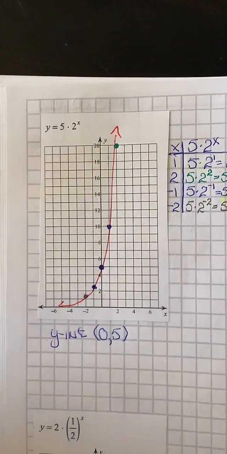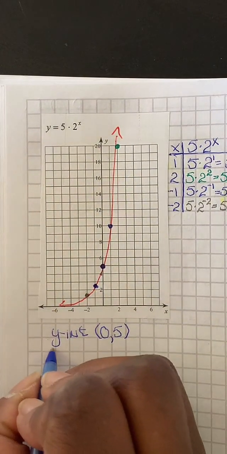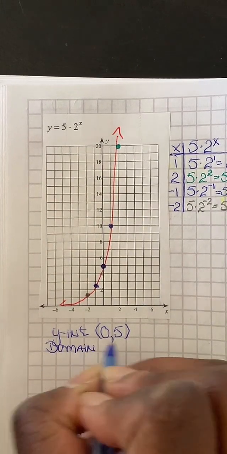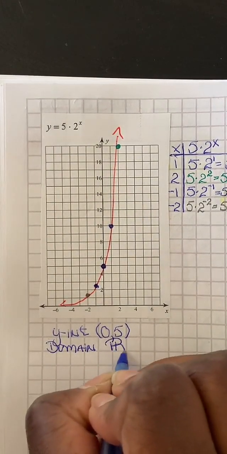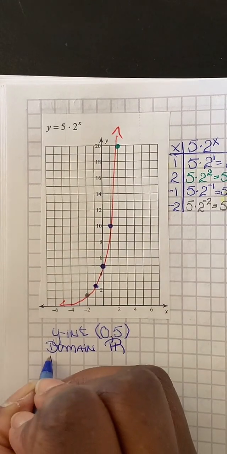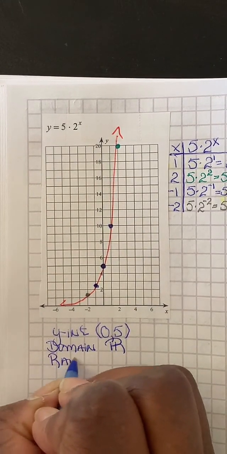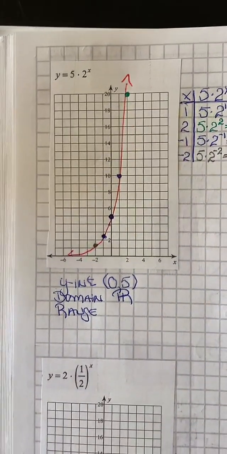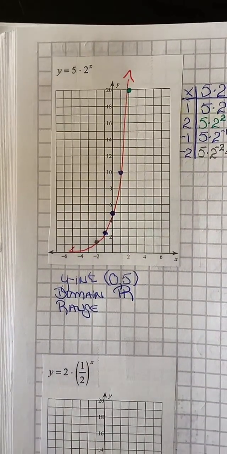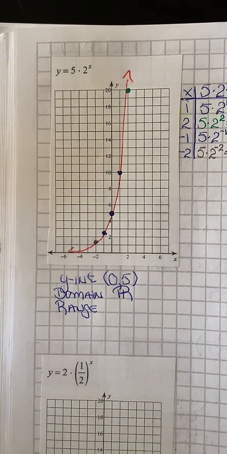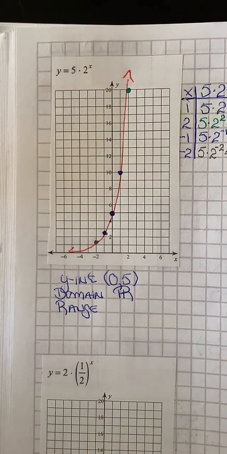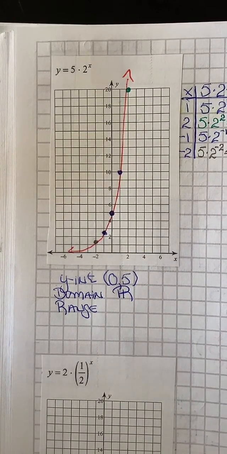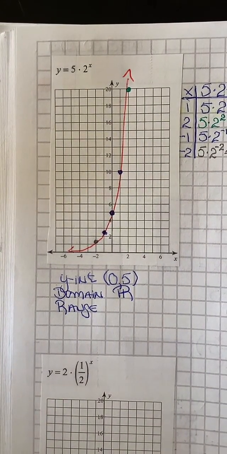So we know that my domain is all real numbers, because it's always going to be all real numbers. What's our range? We can do it as an inequality, or you can do it as interval notation. What will be our range?